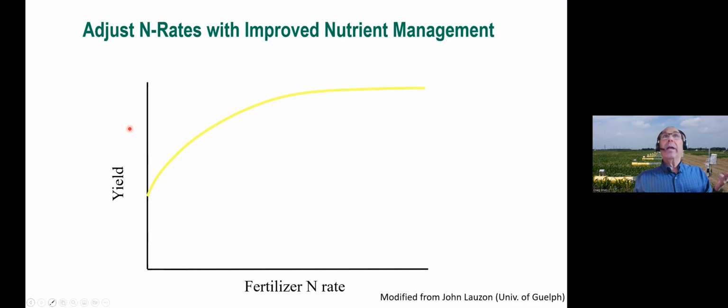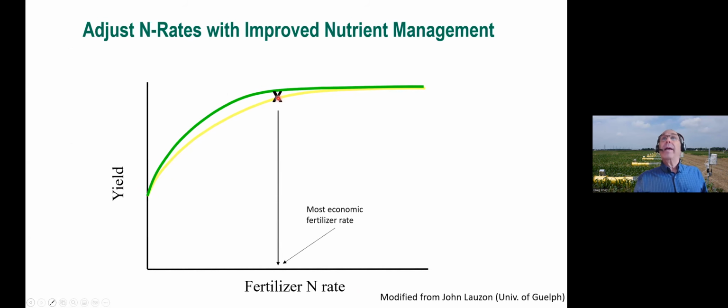So lastly, if we look at the N rate component, which I haven't talked about: if we have a normal yield response curve, our yield goes up as the fertilizer rate goes up. We have an optimal amount, and that's the most economic rate. If we have one of these nutrient management practices, we can reduce losses so that rate occurs at a lower fertilizer amount.